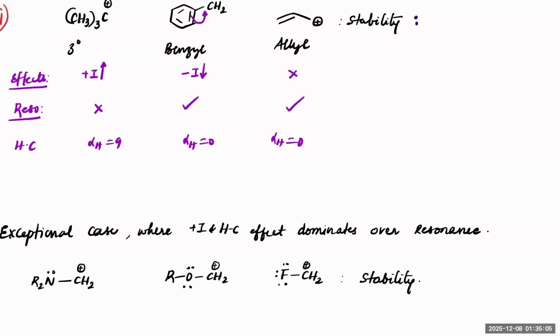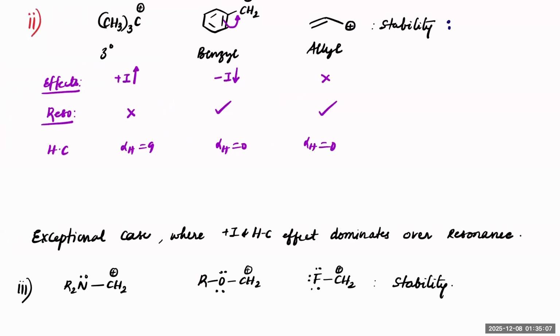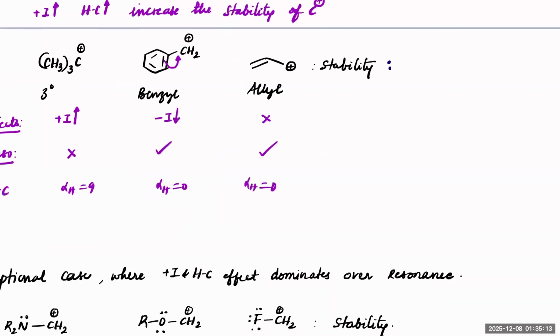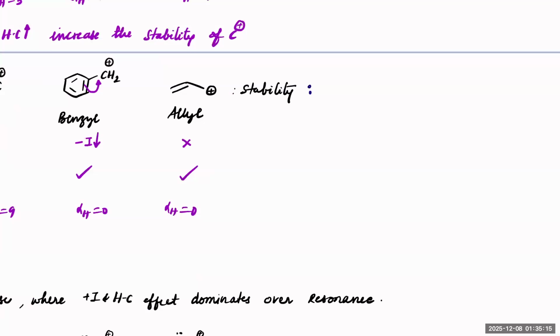But in this case specifically, these two have stability very close to each other, so much so that 3 degree is slightly more stable than benzyl carbocation, which is mostly more stable than allyl carbocation.